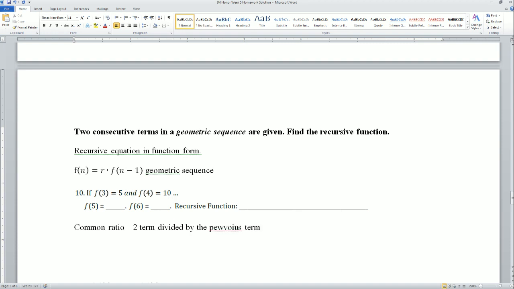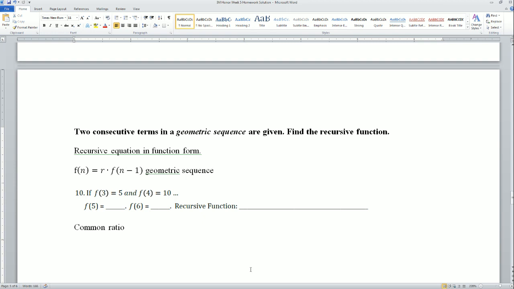Previous term. Good. What does this mean? I'm going to show it to you. Right? The fourth term, divided by the third term, right? Okay. So the common ratio, right?